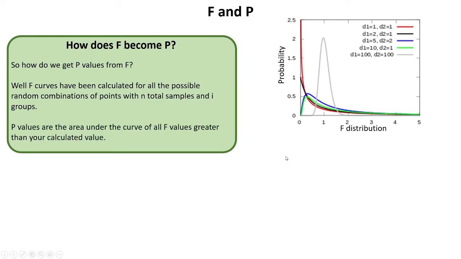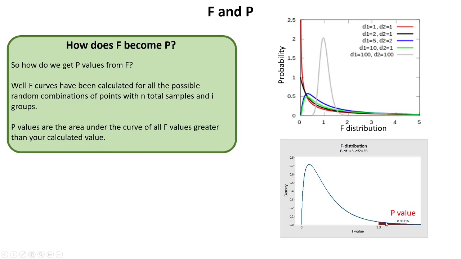And so then your p-value is going to be the area under your F curve, right? So in this case, it's an F curve with 3 degrees of freedom and 39 total samples. So 36 degrees of freedom. And so you'll have this particular F curve.